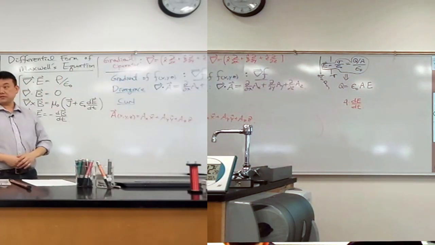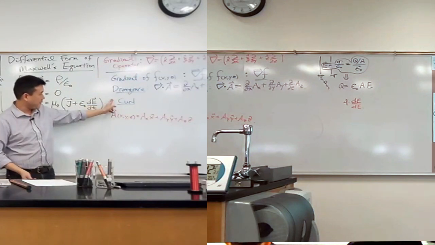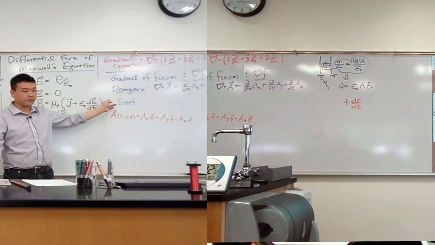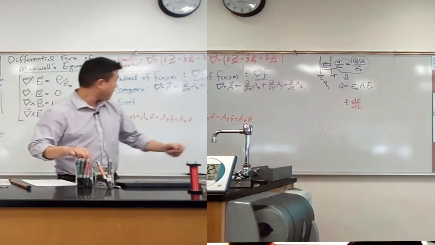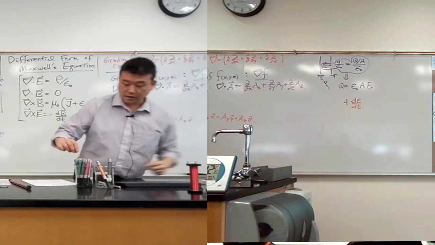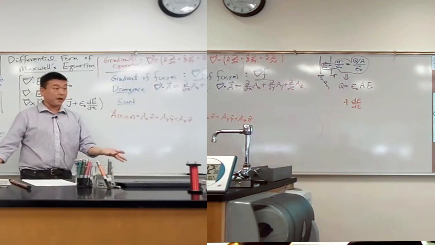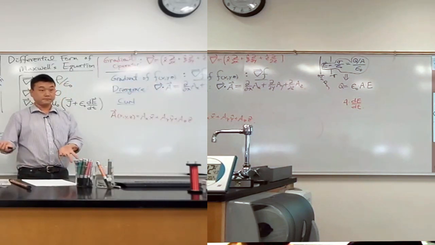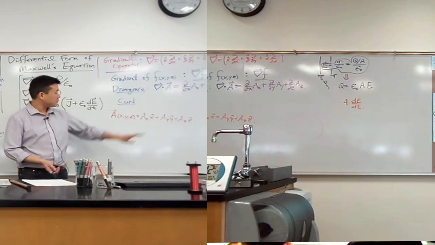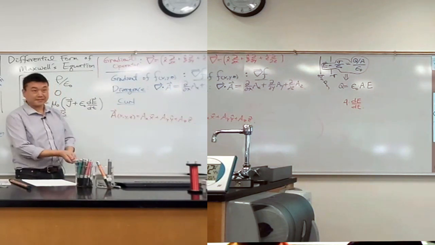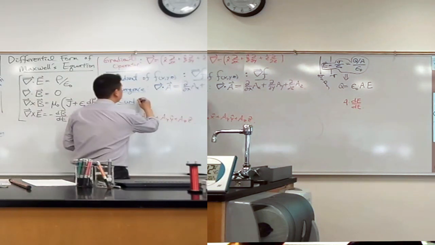So that's divergence. Curl is the quantity that gives you a vector back. And if you remember, the product that gave you a vector back was the cross product, right? So this is going to look like a cross product.